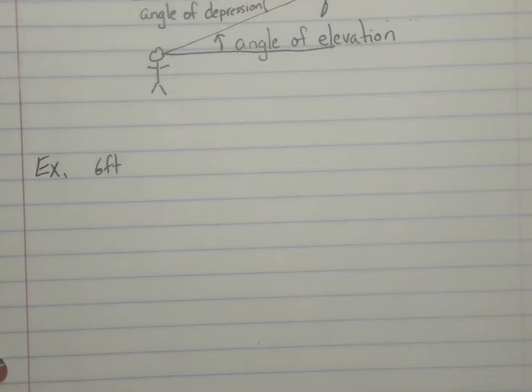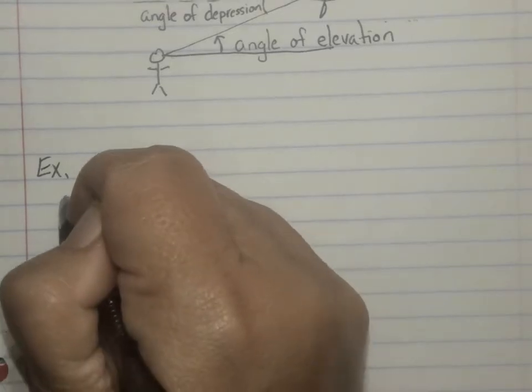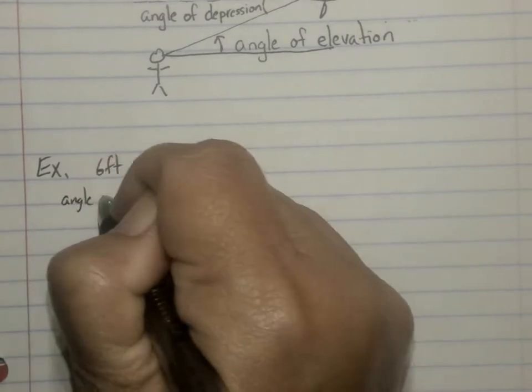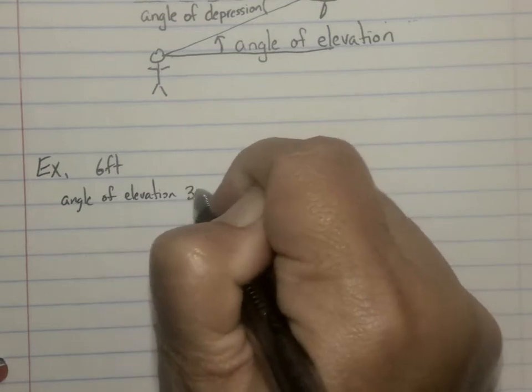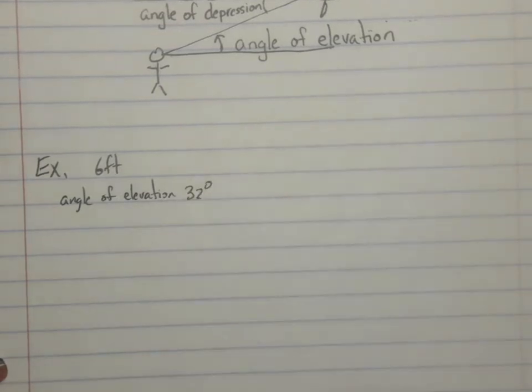If the worker sights the plane at an angle of elevation of 32 degrees, what is the horizontal distance from the worker to the plane? The plane is currently at a height of 150 feet.